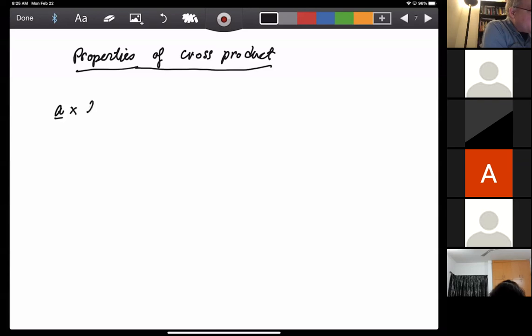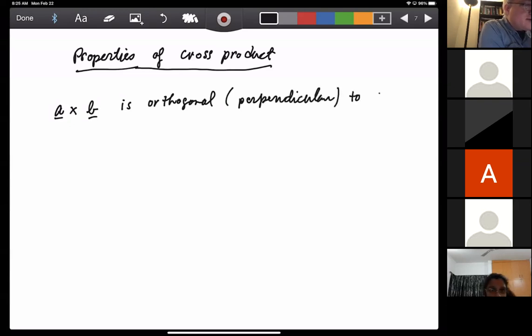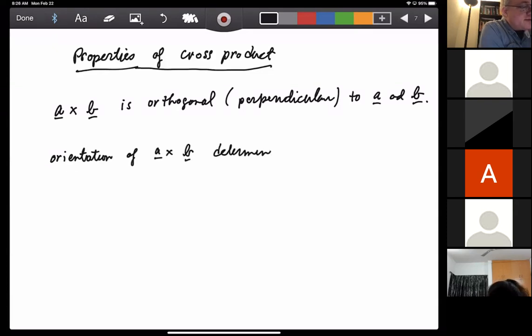So number one, A cross B is orthogonal, remember that means perpendicular, to A and B. Remember the cross product lets us compute a vector which is perpendicular to two given vectors. Number two, the orientation of A cross B is determined by the right-hand rule.